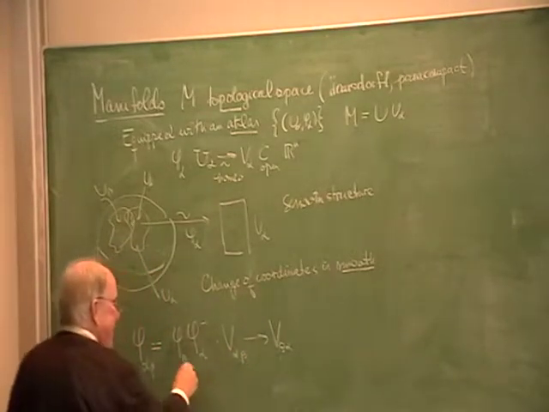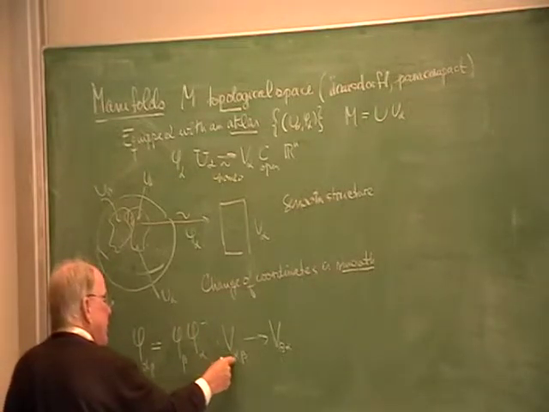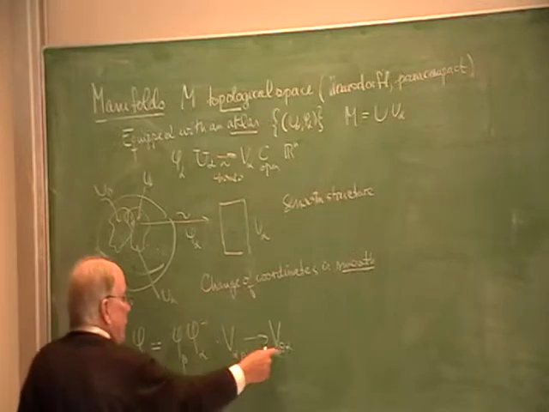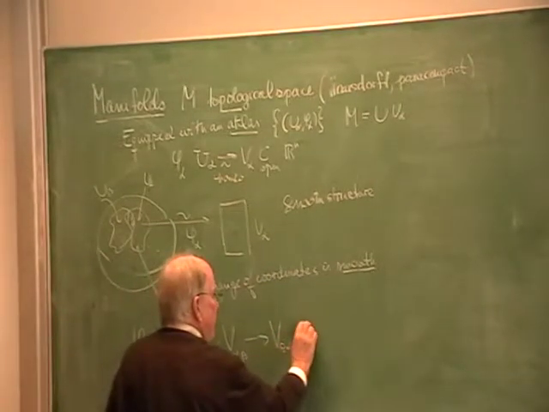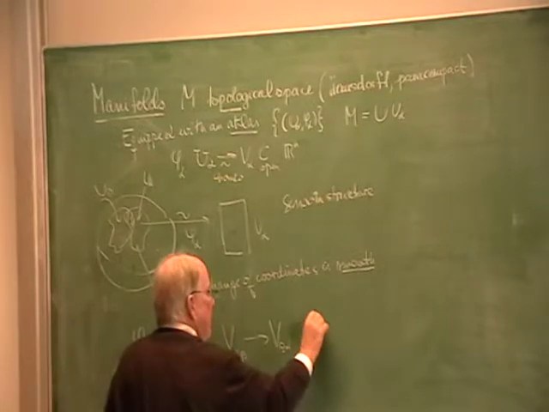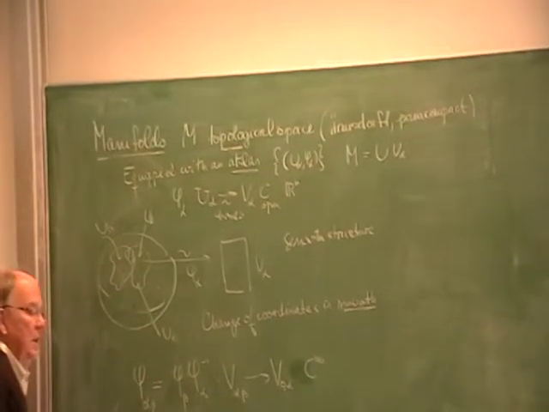And then you have this map going from the alpha coordinatization of that intersection to here. This should be smooth, so C infinity. Okay, so that's nothing new for all of you.